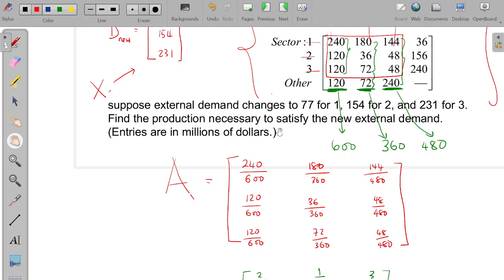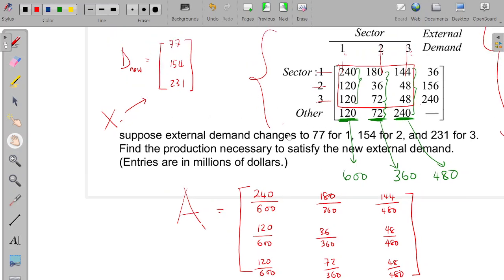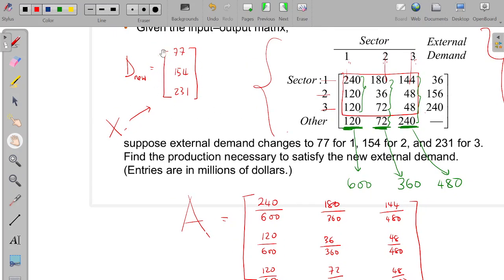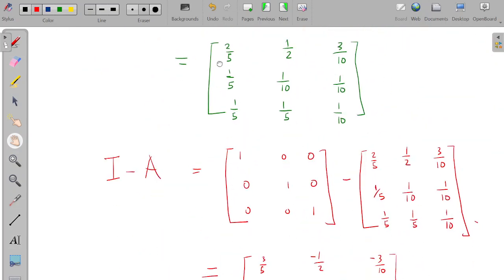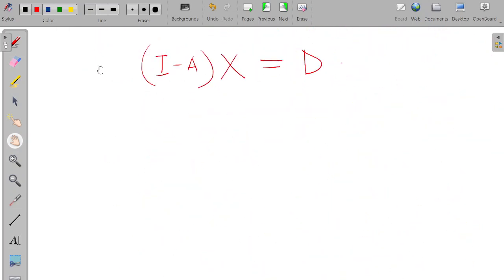We want to find what we are supposed to produce when the external demand changes to this. So our x now becomes this inverse multiplied by d, our new demand.